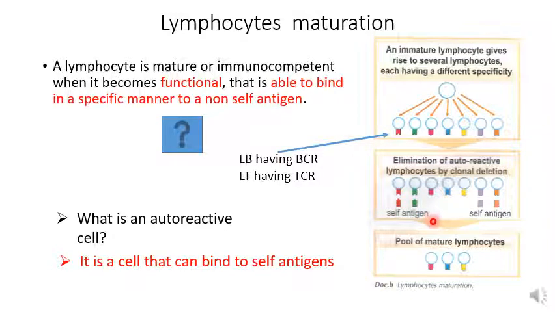So then what are the mature lymphocytes we have in our body? The mature lymphocytes are lymphocytes that are able to bind only to non-self antigens. So, for example, let's talk about the example of the maturation of B cells.